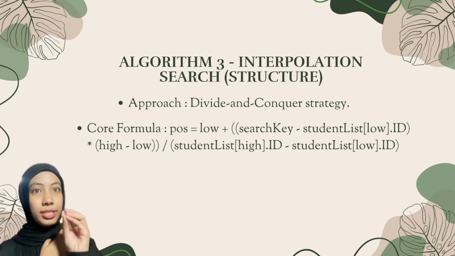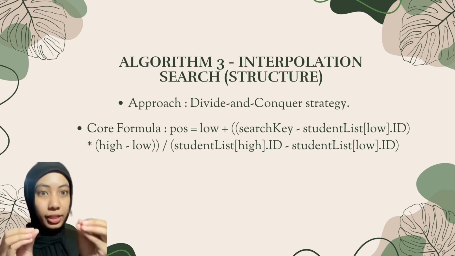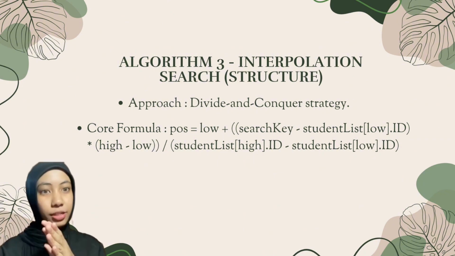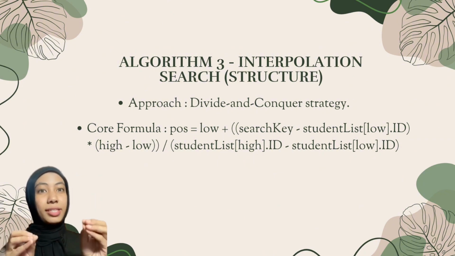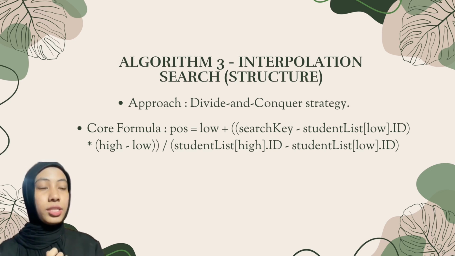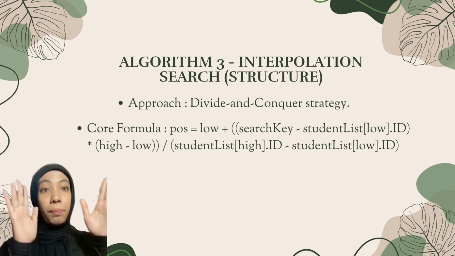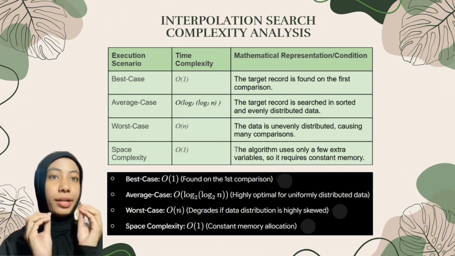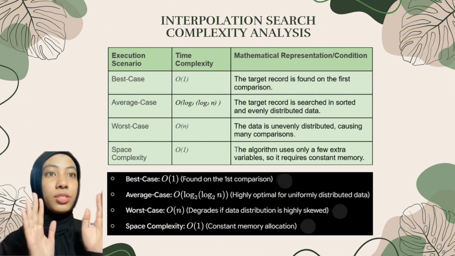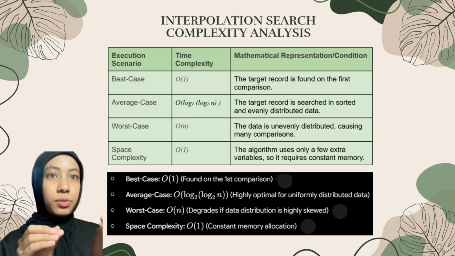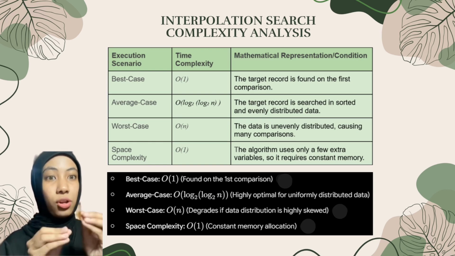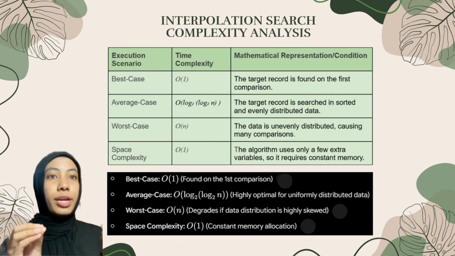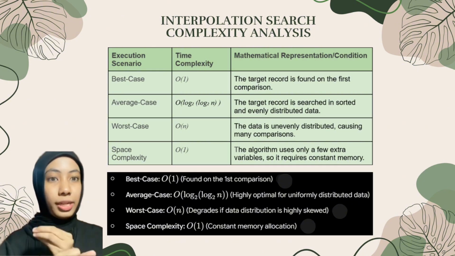So interpolation search is used for searching sorted and evenly distributed user IDs or student IDs. Unlike binary search, this algorithm estimates the target position first, which helps make the searching process faster and more efficient. For the performance analysis, the best case complexity is O(1), where the record is found immediately. The average case complexity is O(log log n), which is very efficient for evenly distributed data.